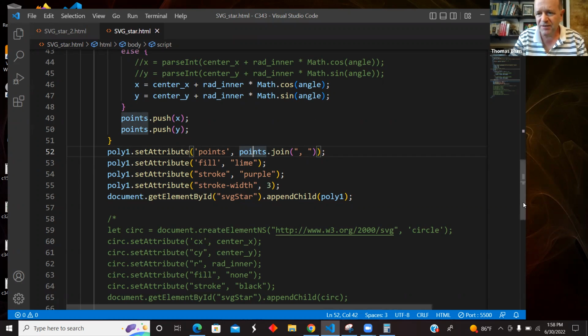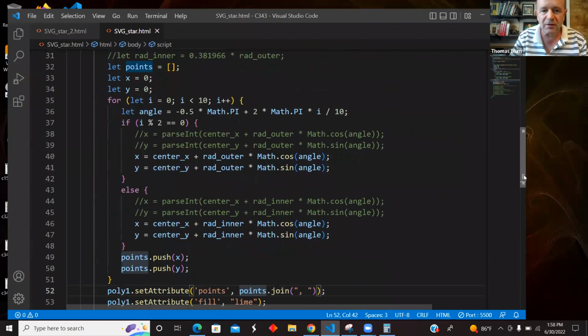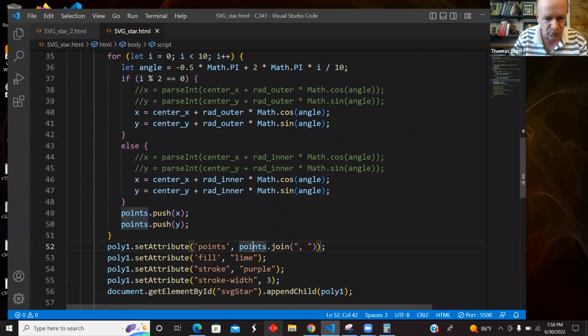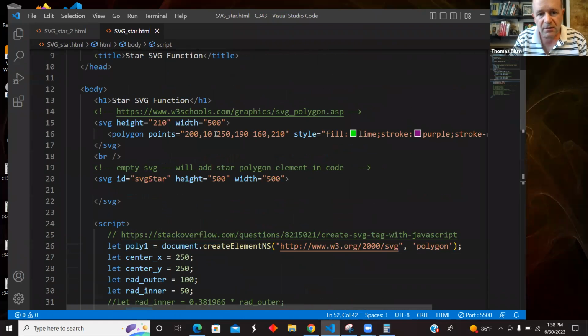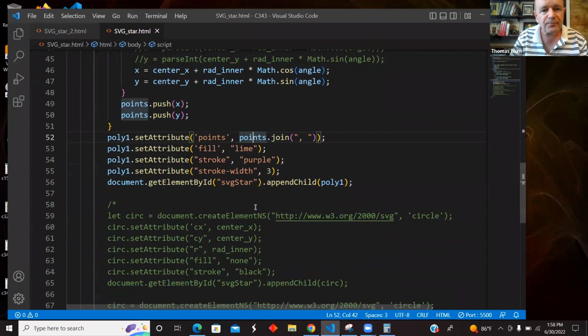So I just have a big set of commas, and that makes it look like this, except I have additional commas, but you see that I ran the program and it worked. This has commas and spaces, but all commas worked as well.